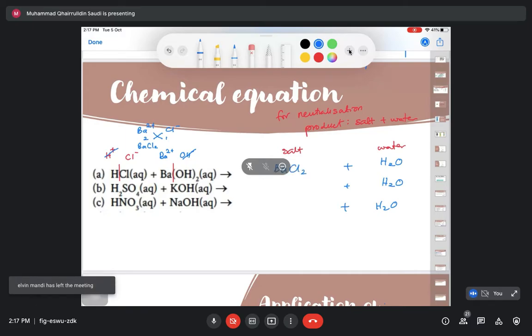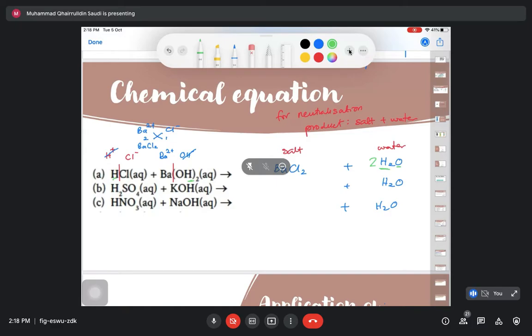And then we have to check, is our equation balanced? We have 1 hydrogen, we got 2 hydrogen. We got 2 hydrogen here, 3 hydrogens on the left side. 2 oxygen on the left side, 1 oxygen on the right side. So we put 2 in front, so we have 4 hydrogen here.